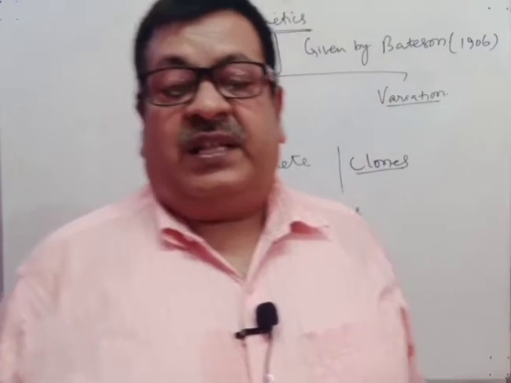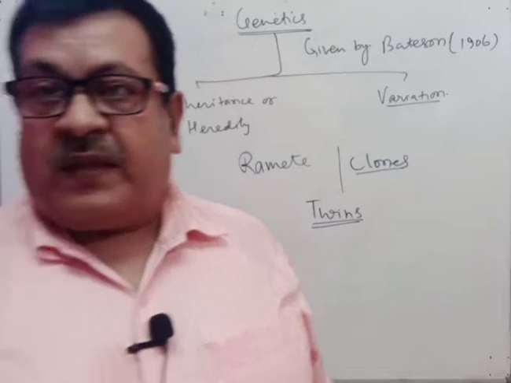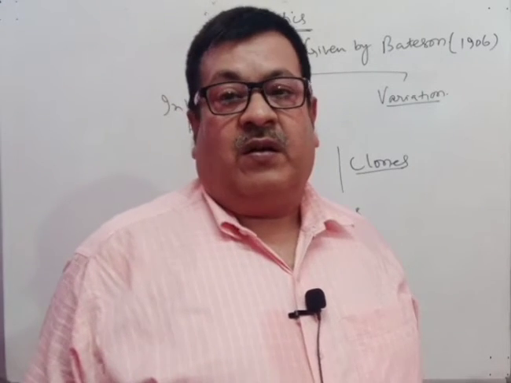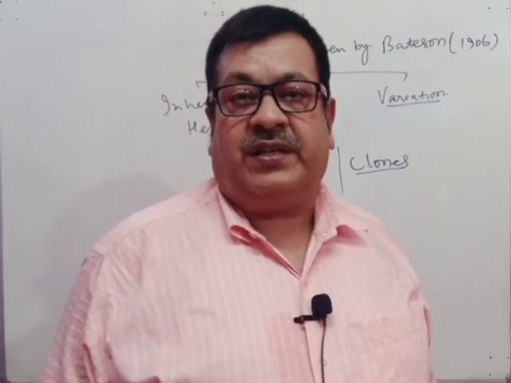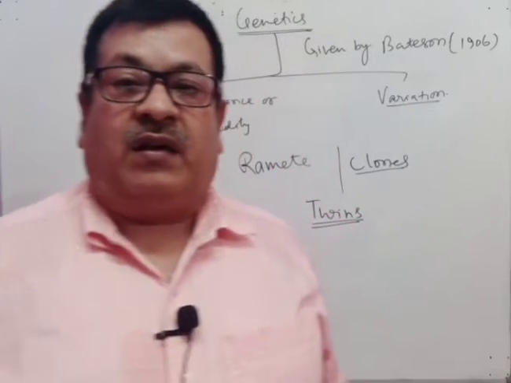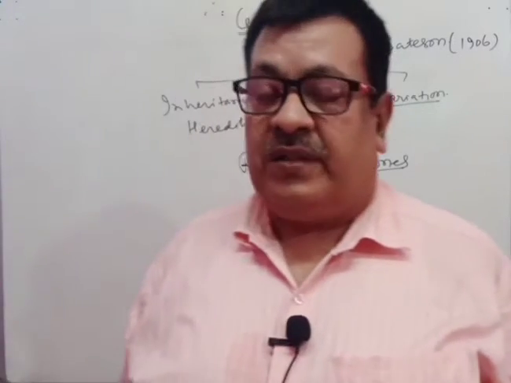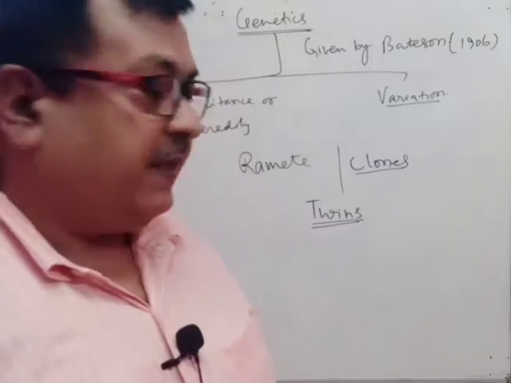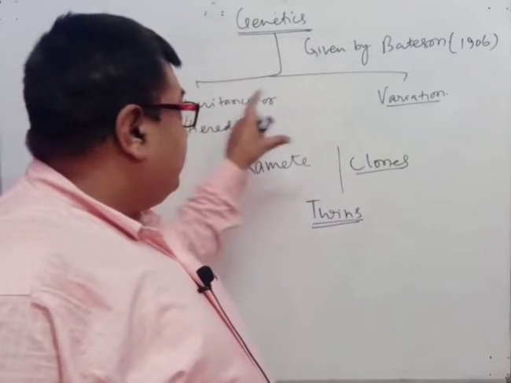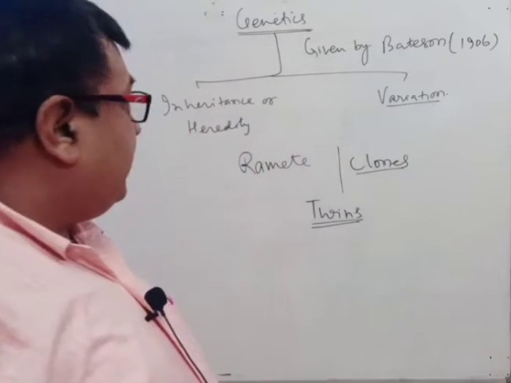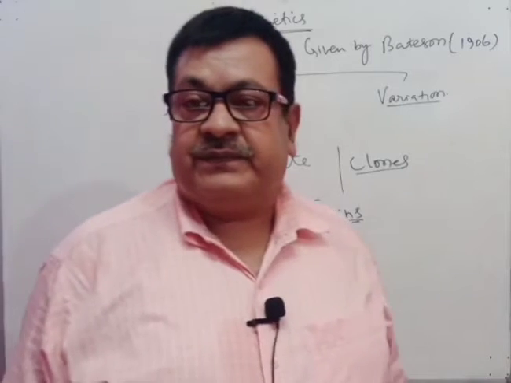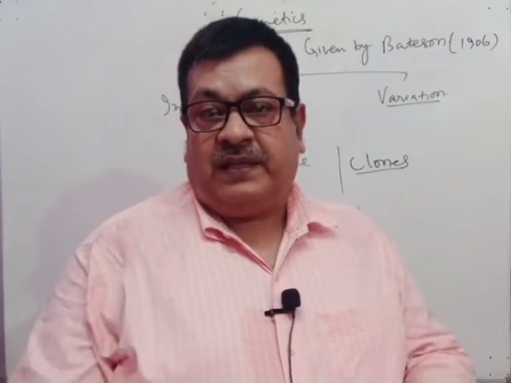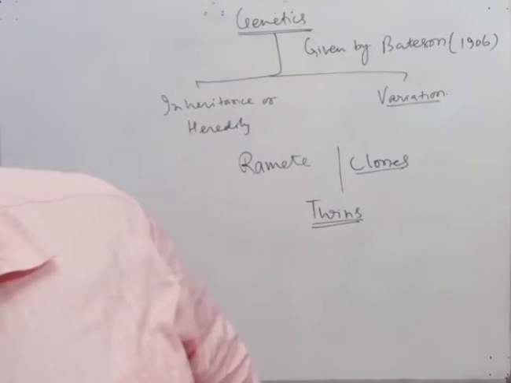So, in genetics, we will study the mechanism of heredity and variation: how they run, how they operate, how they bring changes. Before explaining inheritance and variation, we are going to explain the reason of variation.